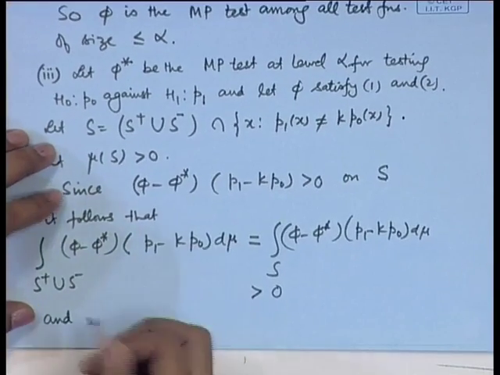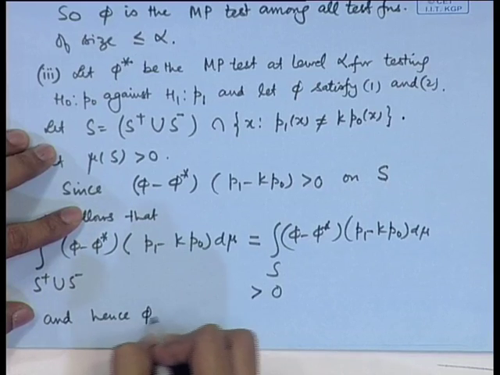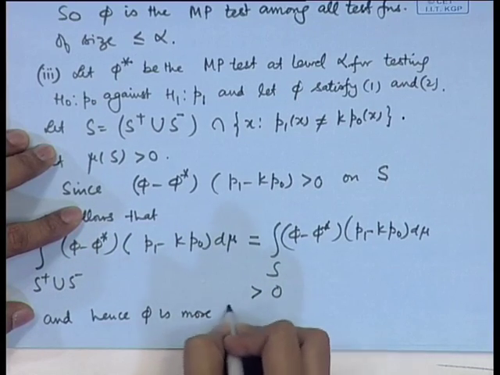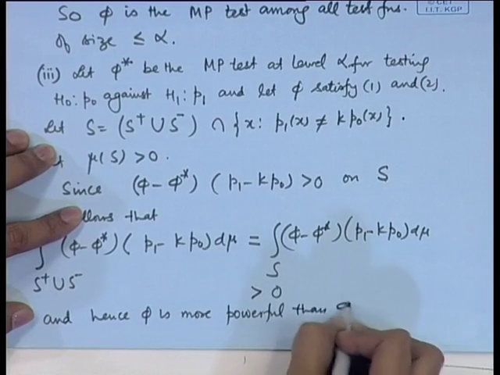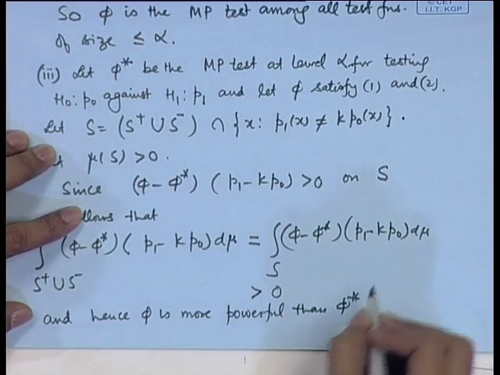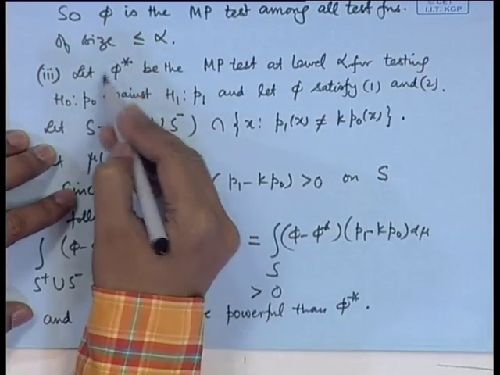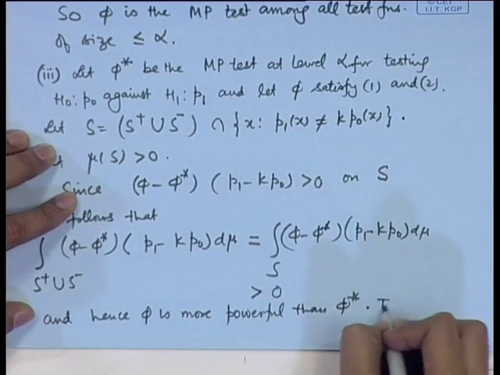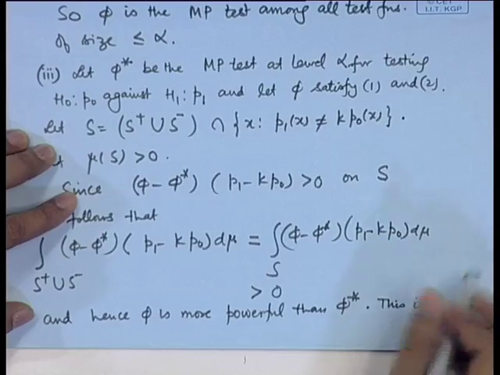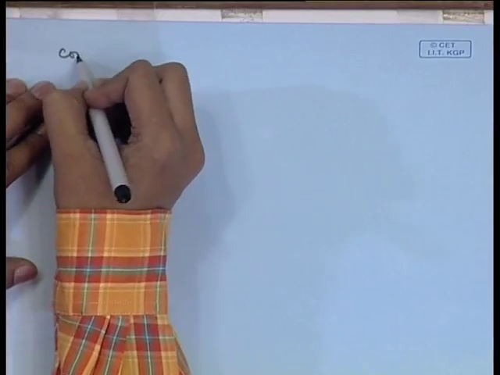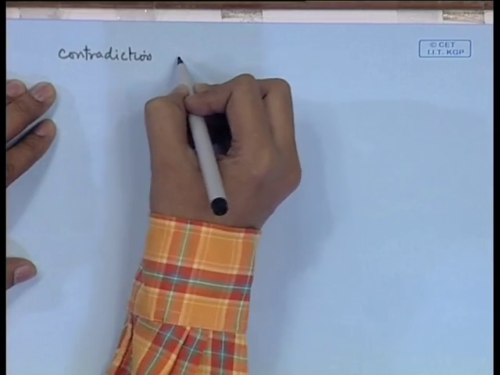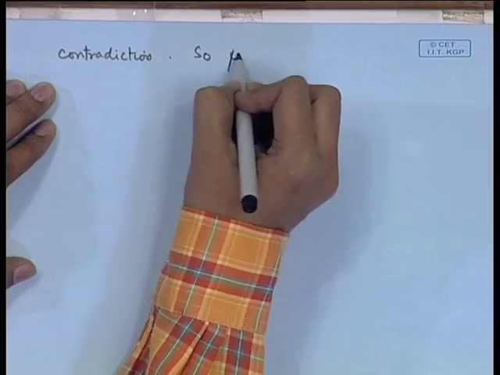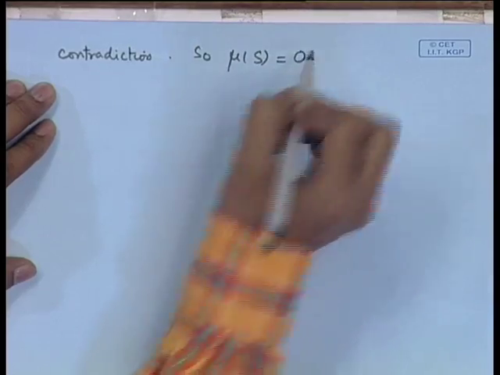So, this means that phi is more powerful than phi star. So, this is a contradiction because I started with phi star to be the most powerful. So mu S must be equal to 0.